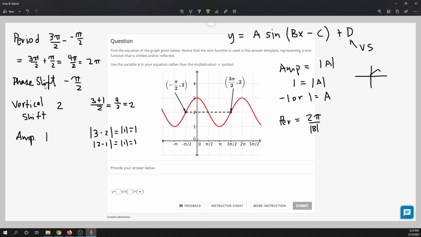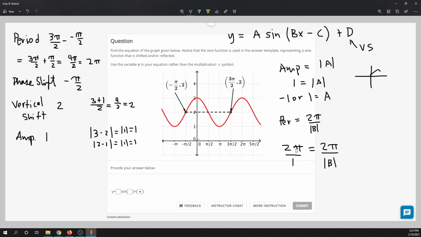We already know that the phase shift, or sorry, the period is 2 pi, right? So this is 2 pi over here. So we know that the period is 2 pi, and so place that in for the period here, and then just solve for the absolute value of b, okay?